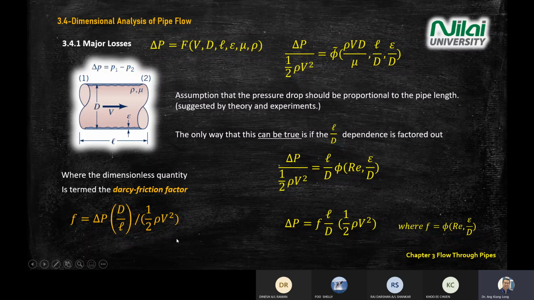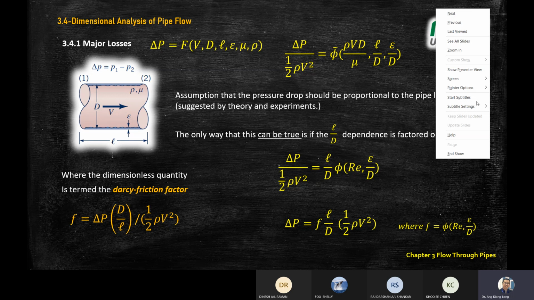What is important is that when you learned about your 3179, something called the friction factor F, given by this equation, or most of the time we will write delta P equals F L divided by D times 1/2 rho V squared.